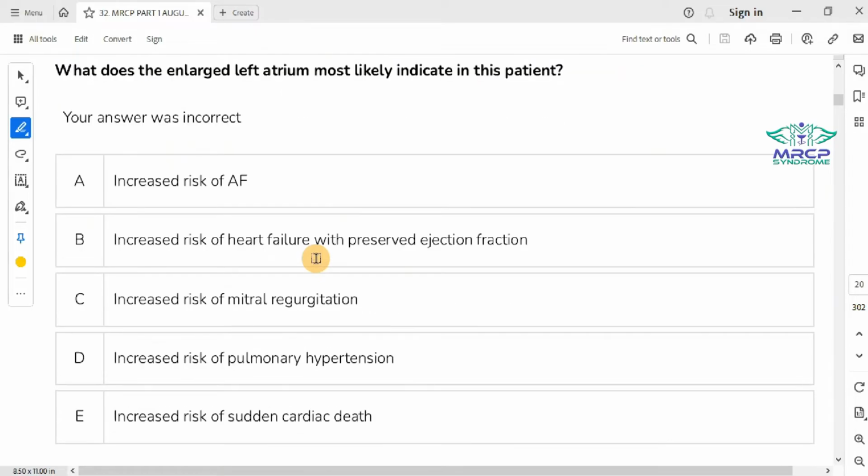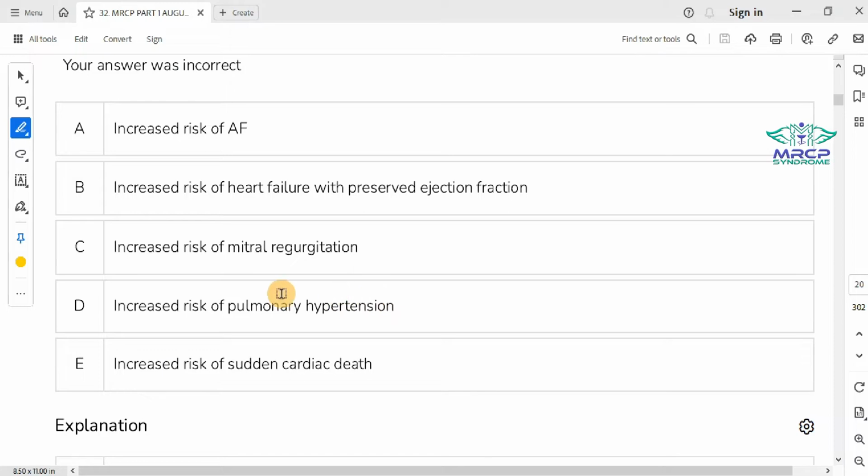And with respect to the other options, so increased risk of heart failure with preserved ejection fraction is due to the diastolic dysfunction. Increased risk of mitral regurgitation can occur in a patient with HCM due to the SAM, meaning the systolic anterior motion of the mitral valve.